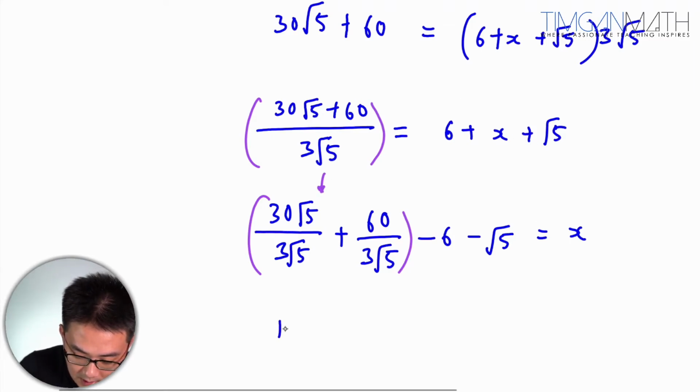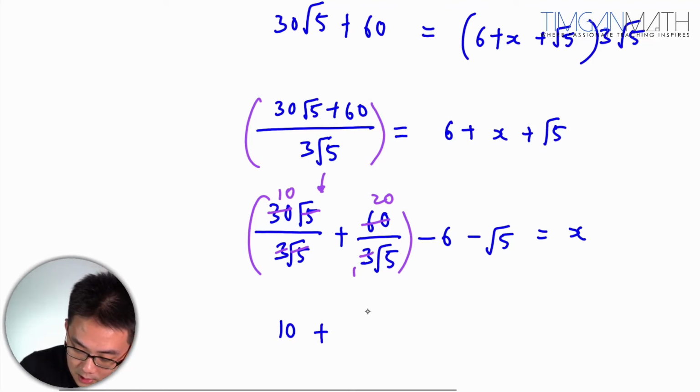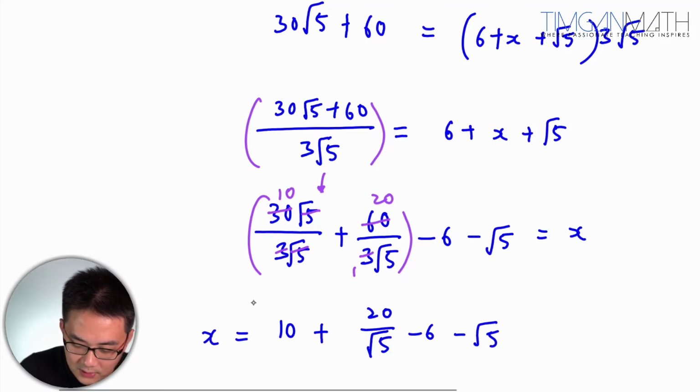Cancelling root 5 and 3, the first part is 10, and the second is 20 over root 5. This is minus 6 minus root 5 equals x.